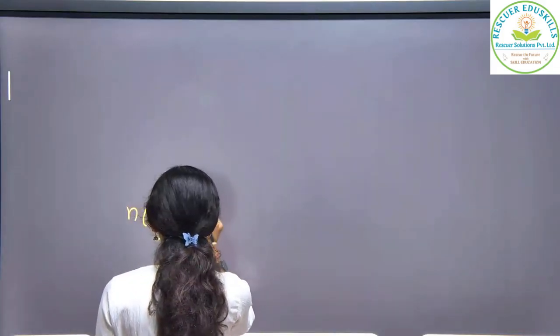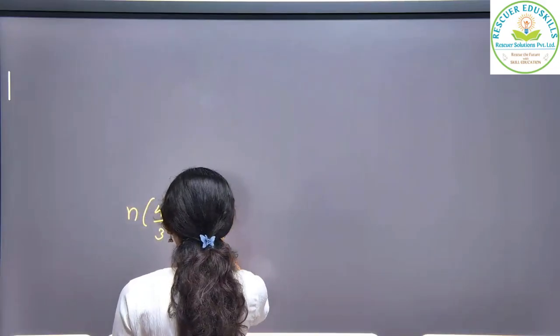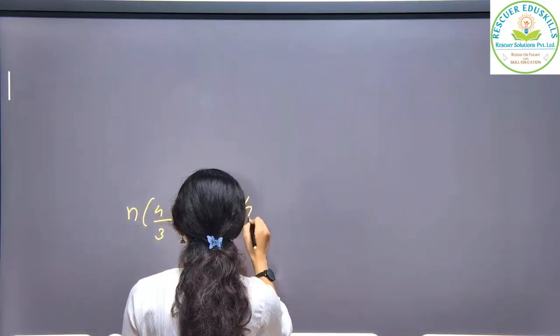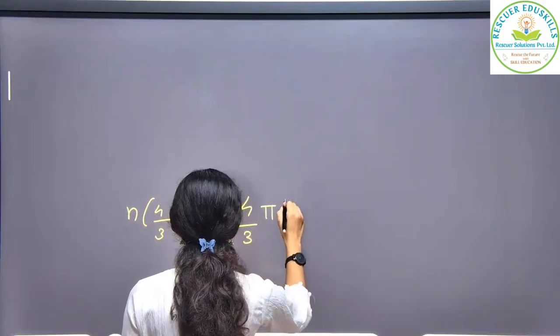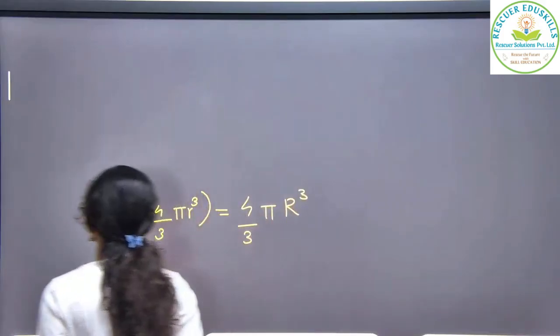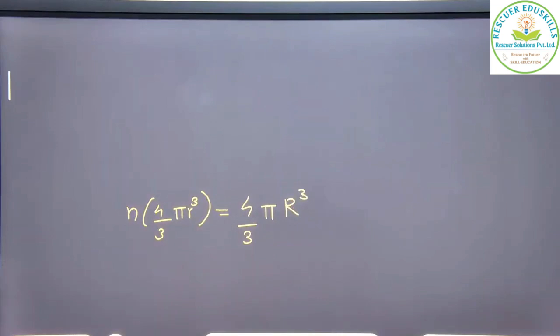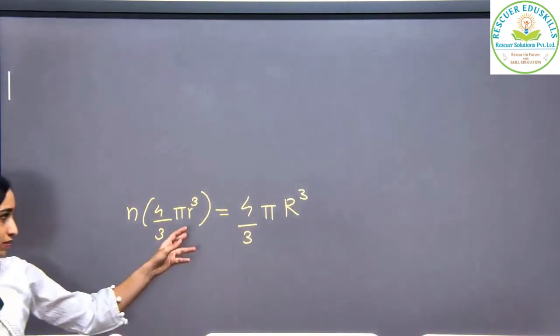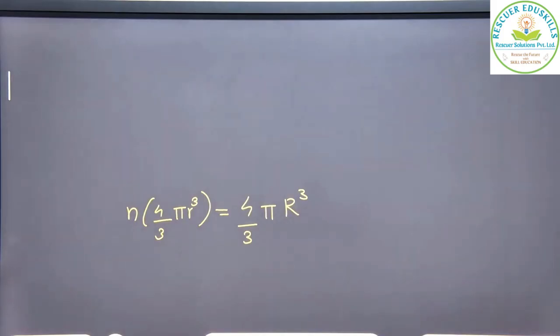If each droplet has radius r and a large drop has radius capital R, then we can write n into 4 by 3 pi r cube is equal to 4 by 3 pi R cube. So this is the radius for small droplet and the capital R is the radius for the large drop.